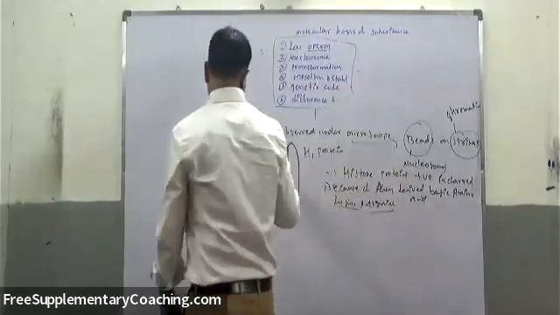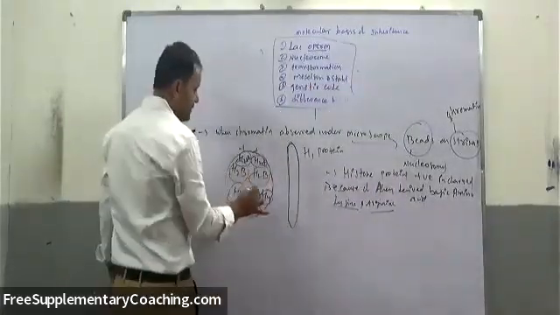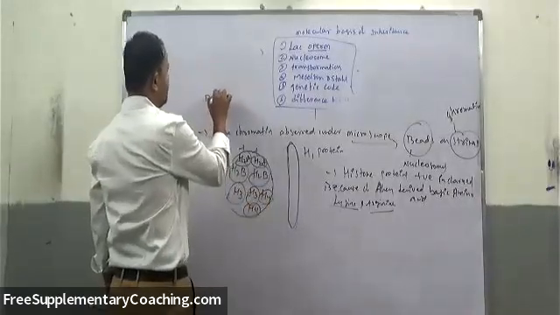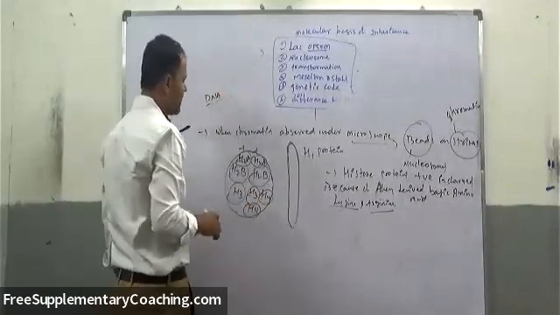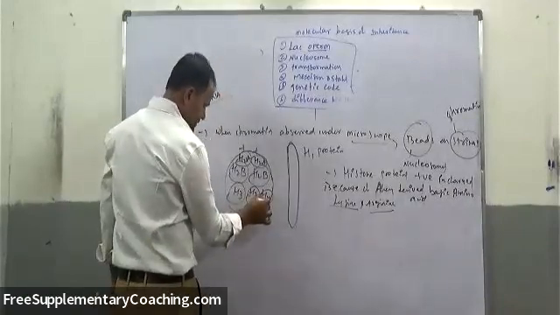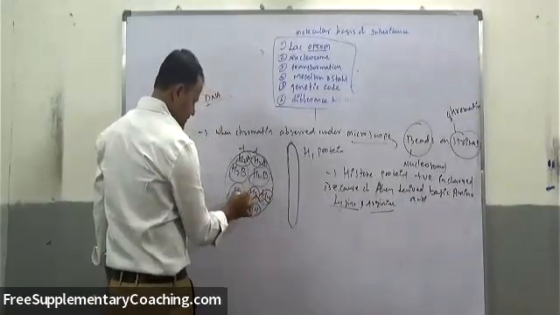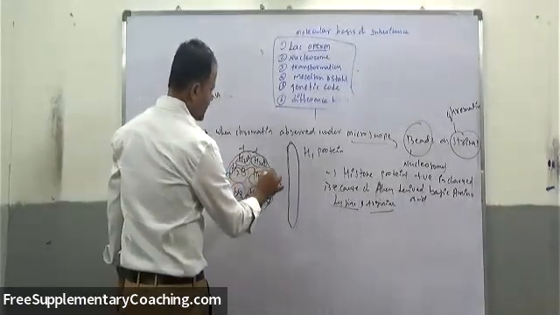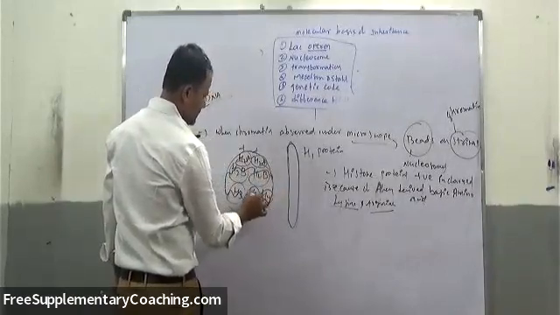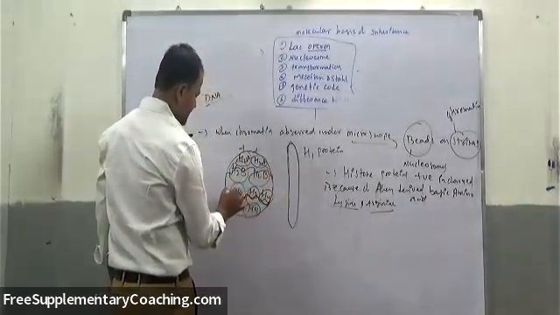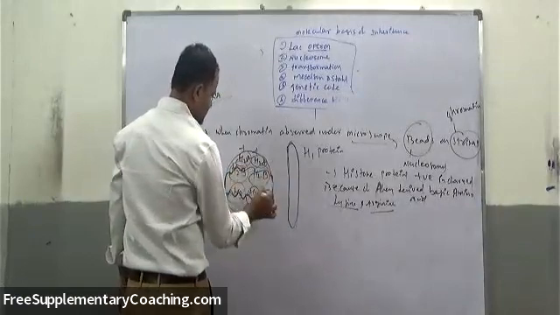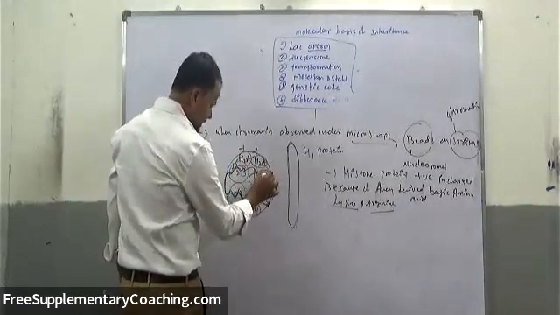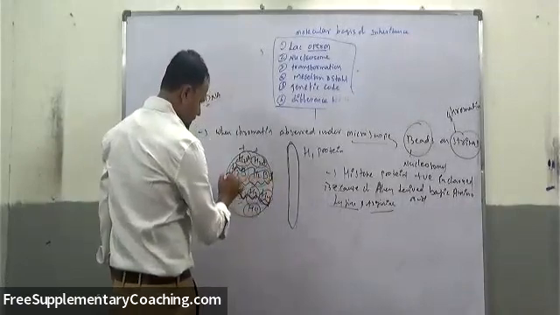Now, the histone proteins are wrapped by DNA, which is the chromatin. This chromatin wraps the histone in two turns. It begins from here and ends here, so that is one turn, and again it starts from here and ends here.